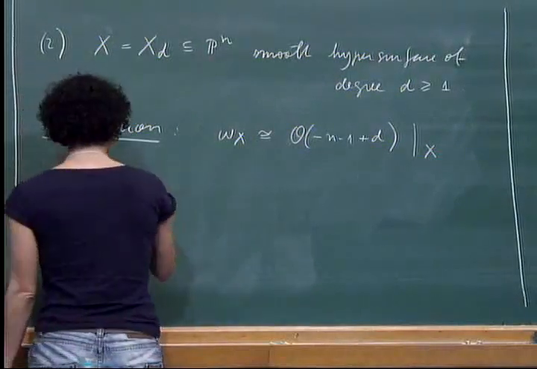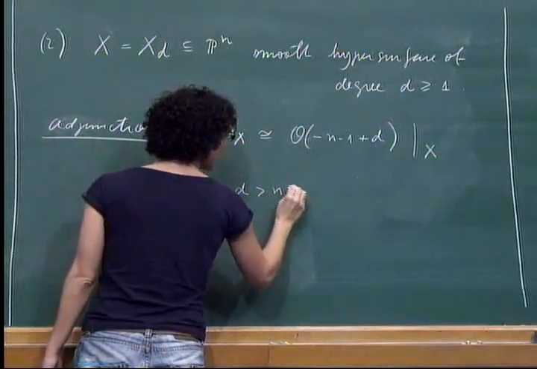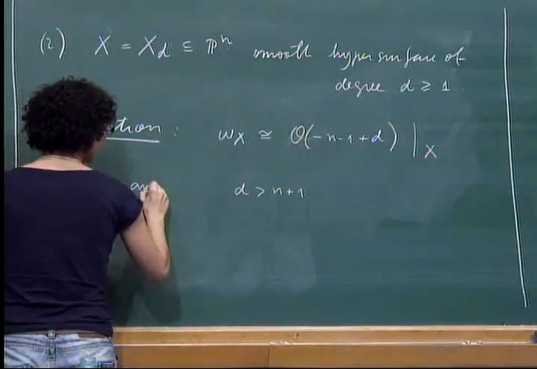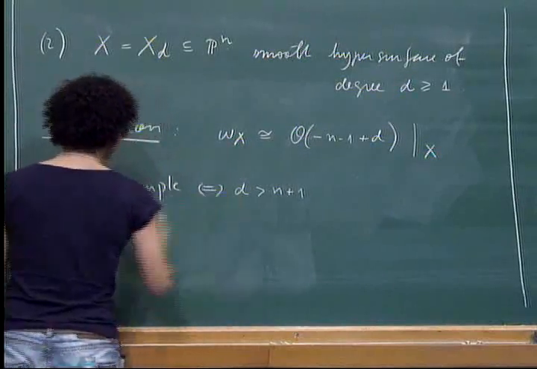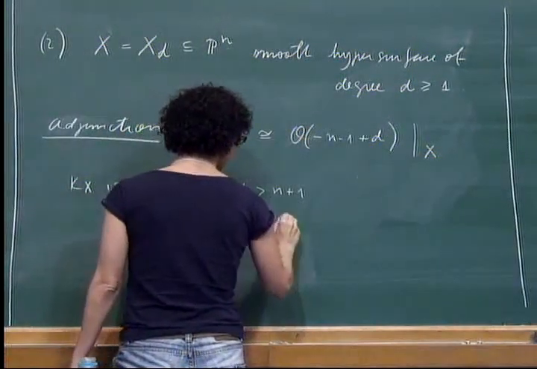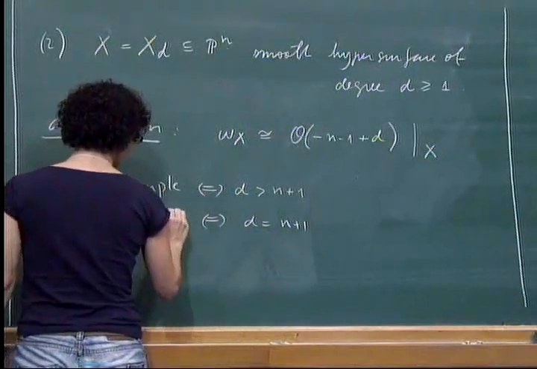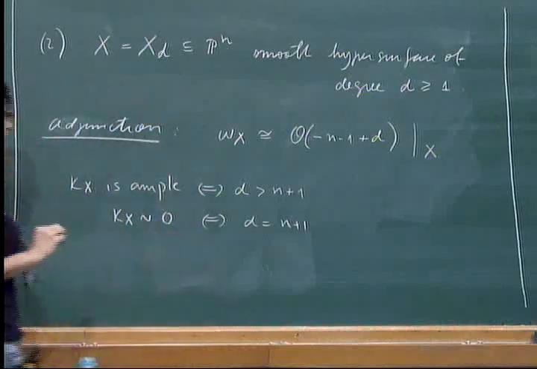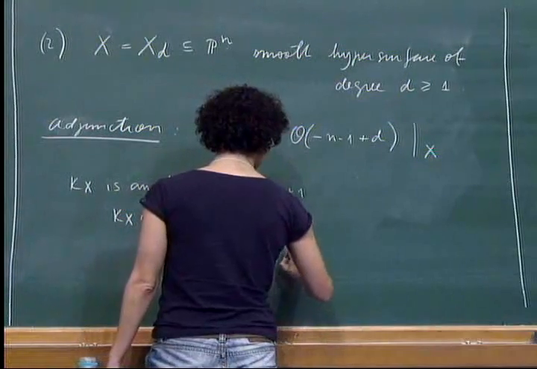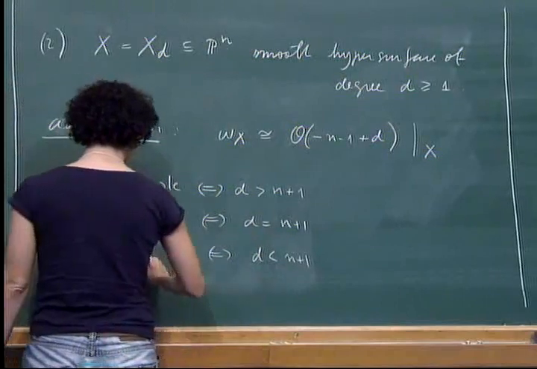If the degree d is greater than n+1, then K_X is ample. If the degree is exactly n+1, then the canonical bundle is linearly equivalent to 0. And if d is smaller than n+1, then the anticanonical is ample.